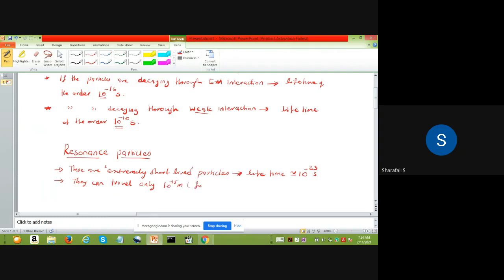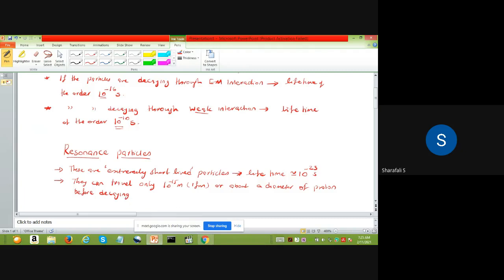It's the femtometer range, about the diameter of a proton, before decay.